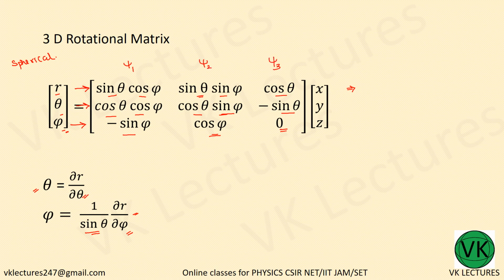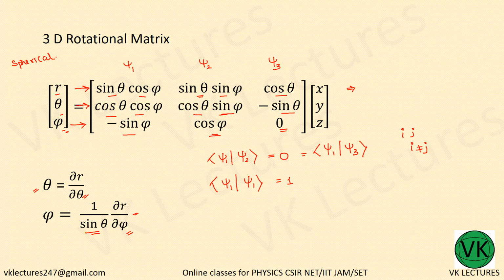So if you consider these rows as psi 1, psi 2 and psi 3, then as we have said, psi 1, psi 2 will be equal to 0 and psi 1, psi 1 will be equal to 1. Again, one more term you can write: it can be psi 1, psi 3 or psi i, psi j, where i not equal to j. If i equal to j, you are going to get 1.